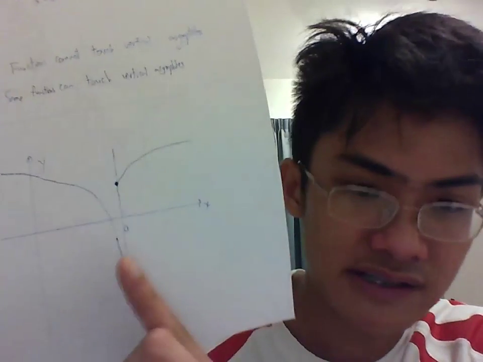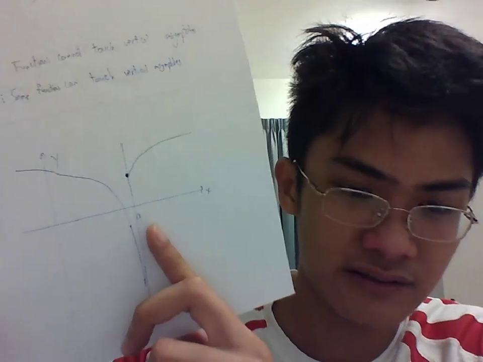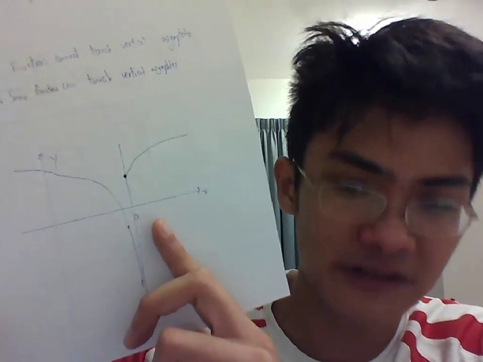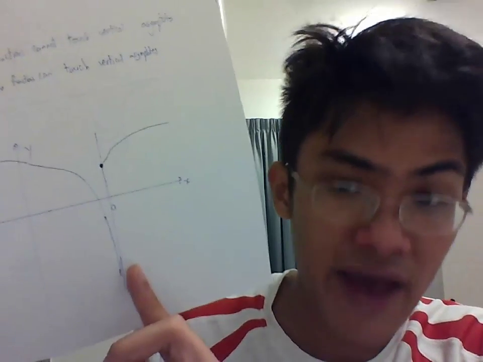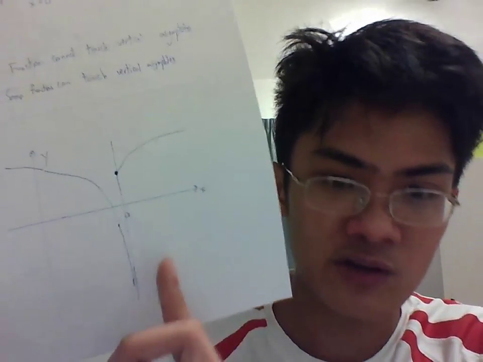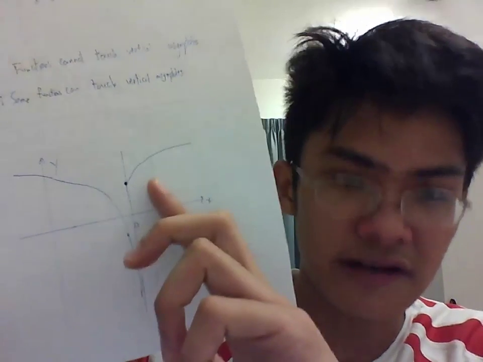This is the vertical asymptote because it's never going to touch here, right? However, at the value itself, we have another function which clearly touches. So some functions can touch asymptotes, and this explanation gets much clearer when we go to horizontal asymptotes.